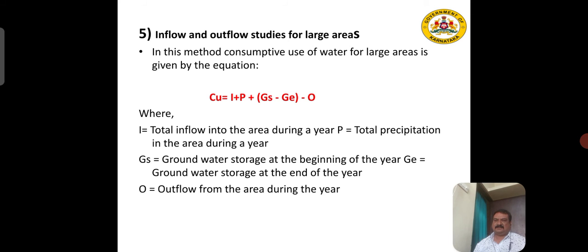I is total inflow into the area during a year. P is total precipitation in the area during the year. Gs is groundwater storage at the beginning of the year. Ge is groundwater storage at the end of the year. O is outflow from the area during that year.